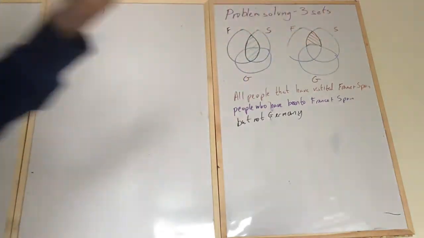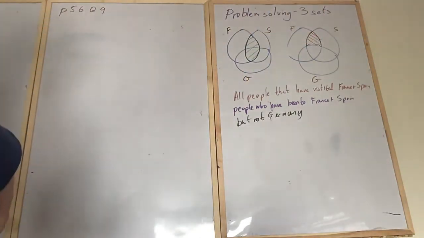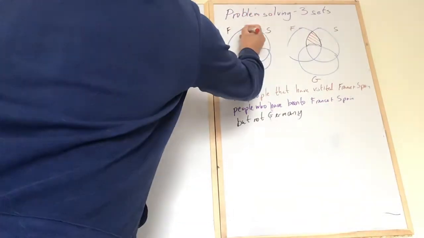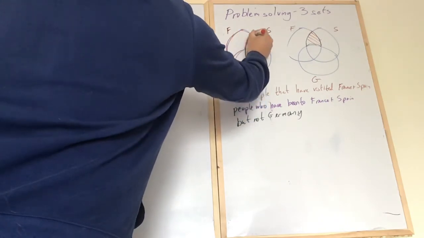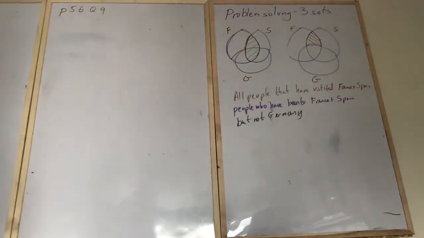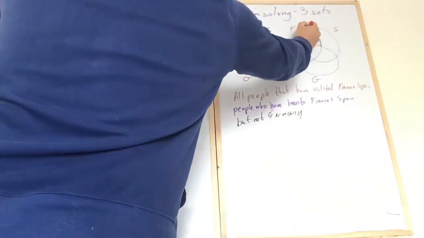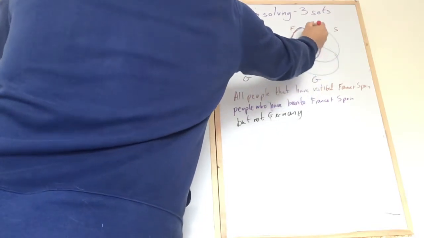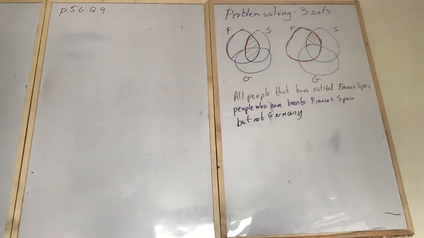Similarly, if I had said, let's use a red marker, France only is just that red region there, where people who have visited France would be 4 regions combined. So you need to know the difference between what is being asked exactly.